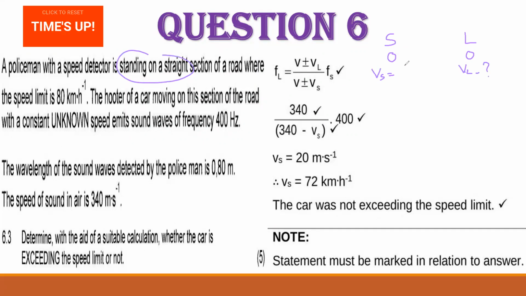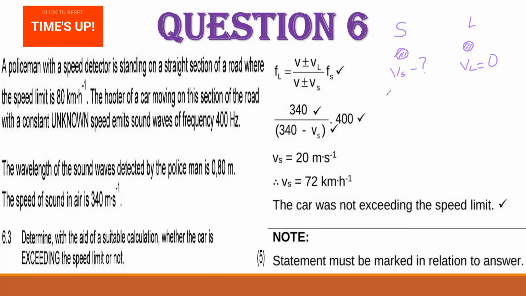So VL, the listener's speed, equals 0. Listener is the policeman. Okay, the source of sound, like a car, is coming, and the listener is here, the policeman is listening, so VL equals 0, the policeman has just 0 velocity. VS, the speed of the car, we are going to calculate.